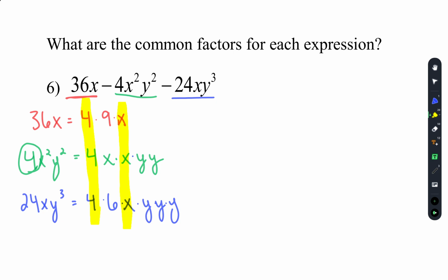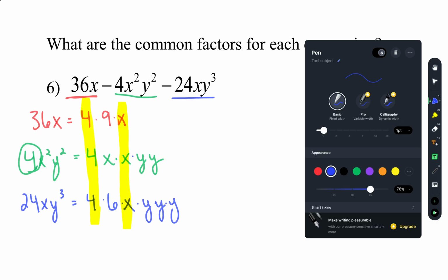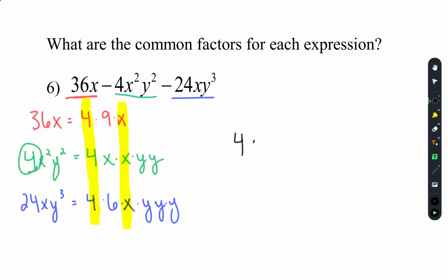So that's not a common factor. So the answer to this one would be 4X. That's the common factor of each term. So it's like, what is something that goes into all of them? 4 goes into all the numbers, and then there's at least 1 X in every term.